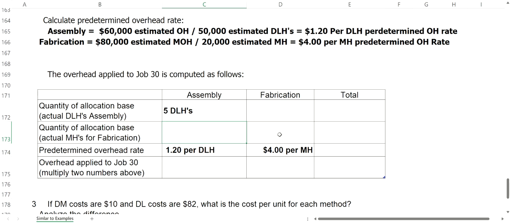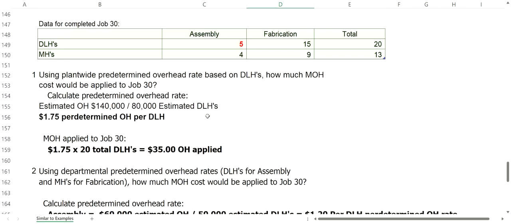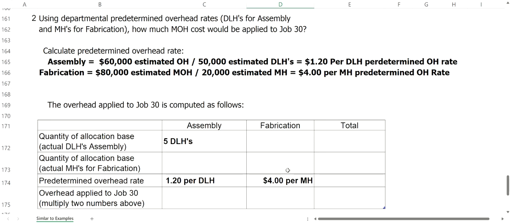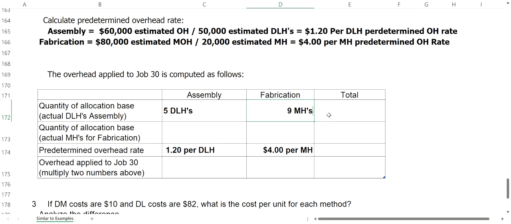Now fabrication was based on machine hours. So let me go back up here. Fabrication, actual machine hours was 9. Okay, so I'll go down here. I'll put 9, I'll put MH for machine hours. Okay. Let's go ahead and multiply.